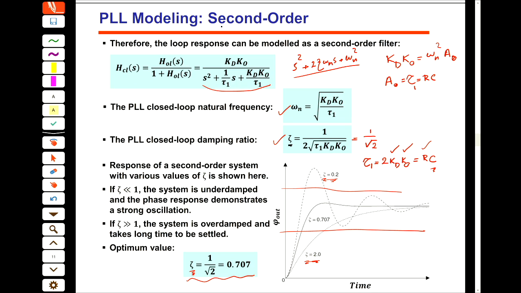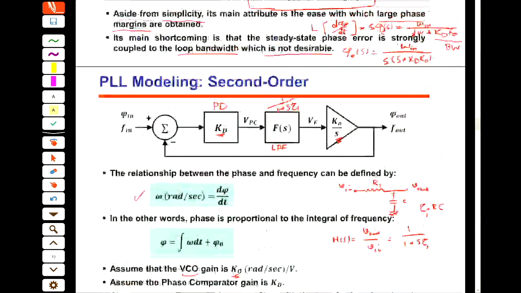Why is it mentioned here as second order, but I said the first order filter? Why does a first order filter lead to a second order system? Where is the other pole? We have a system like this.